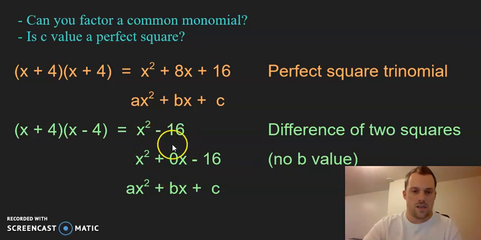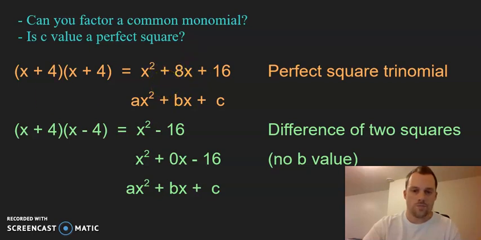We're not going to see plus 0x in our polynomial, so it doesn't look like a trinomial or typical standard form, and we don't always recognize how easy it can be to factor. When you have a difference of two squares like this, you're always going to get a negative c value. Up here, if this happened to be x minus 4 and x minus 4, we're still going to get a positive 16, but the 8 would be negative.